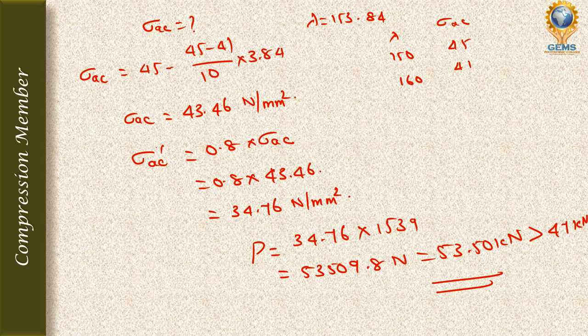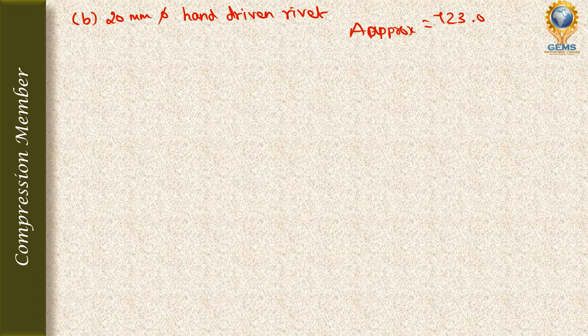This is the first part. The second question in this problem is a 20 mm dia hand driven rivet. We know the approximate area we found as 723.07 mm square.